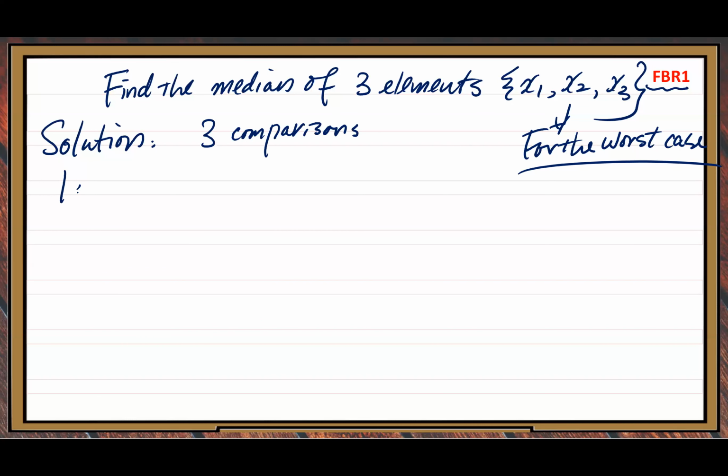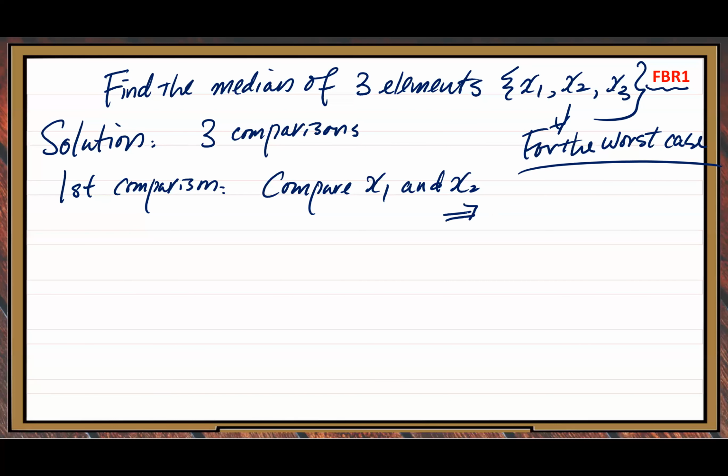First comparison, that's easy: just compare x1 and x2, and assume x1 less than x2. This step is without loss of generality.